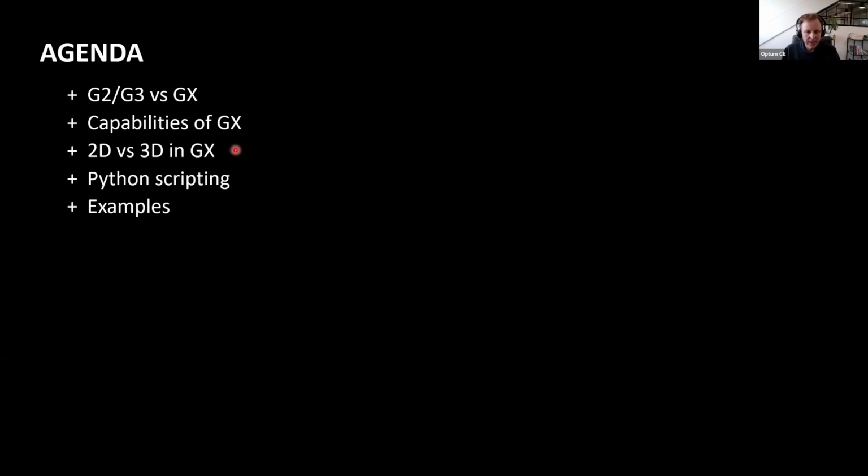Having 2D and 3D in the same package is more than just having two separate programs in the same package. There's an interplay between 2D and 3D that is made possible by having them in the same package. So you can extrude 2D geometry into 3D. You can take sections of 3D geometry and treat them in 2D. That's really quite useful. Examples of that as well.